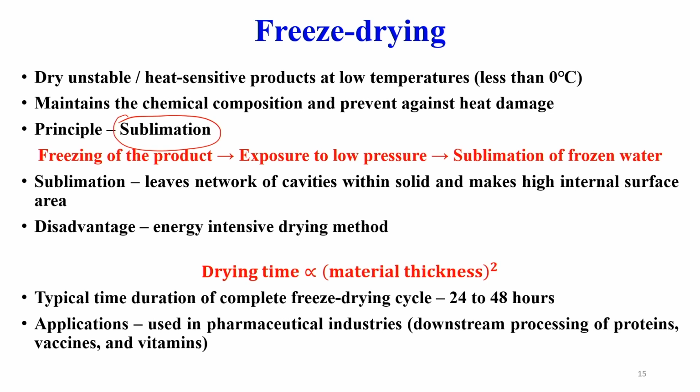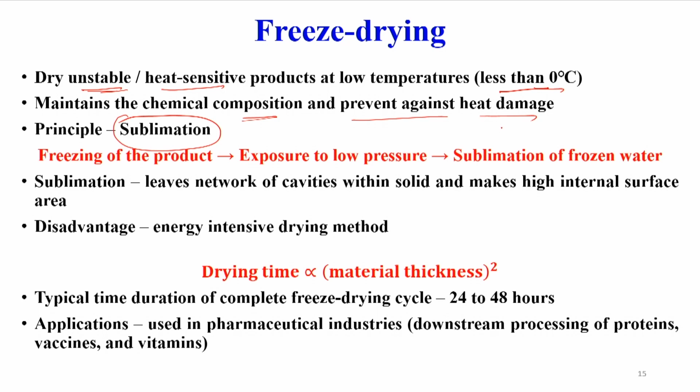Sublimation means water is directly converted to vapor without going through the liquid phase. So, for drying unstable or heat sensitive products at low temperature, usually less than 0 degree centigrade, it maintains the chemical composition and prevents any heat damage.